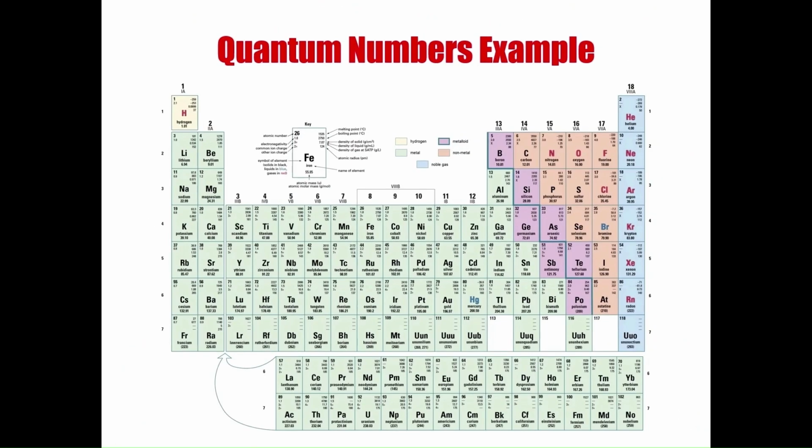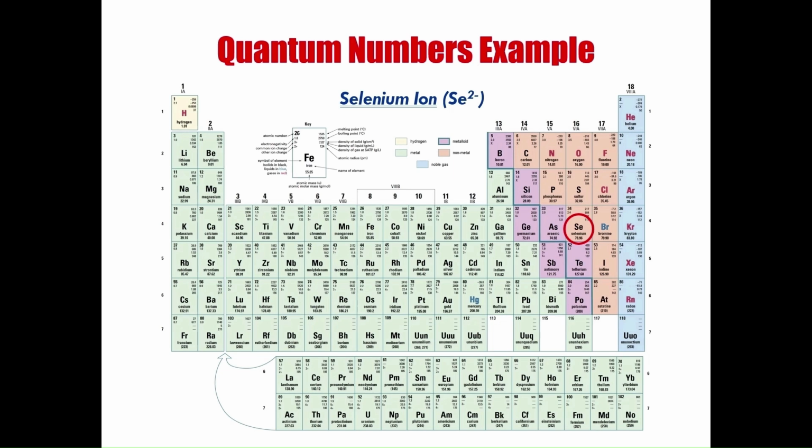I'm choosing a lengthy example here so you can use it as reference when studying for a quiz, a test, or answering questions. The example I'm choosing is the selenium ion. Now, based on its position on the periodic table, it has 34 electrons.